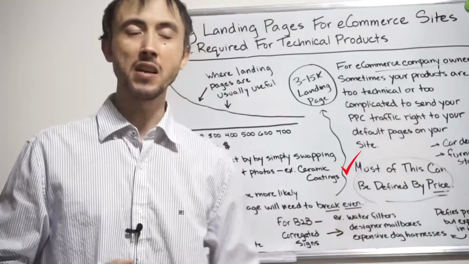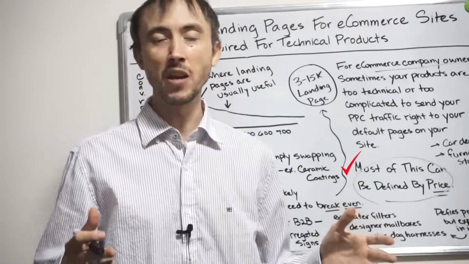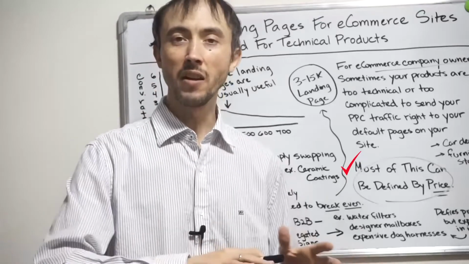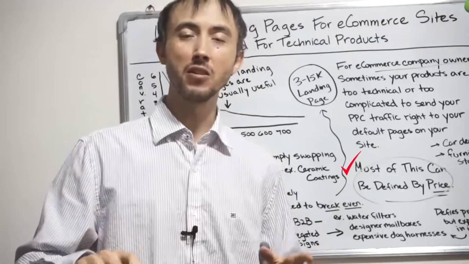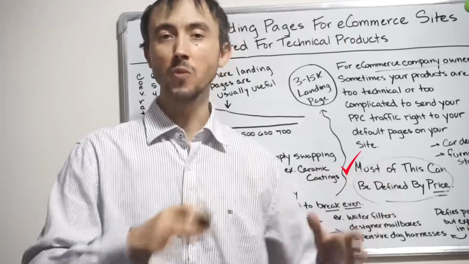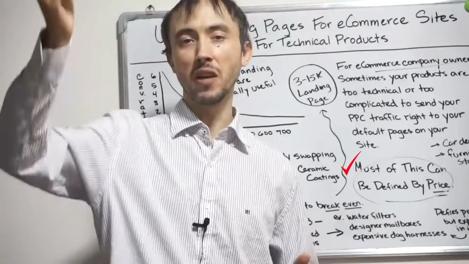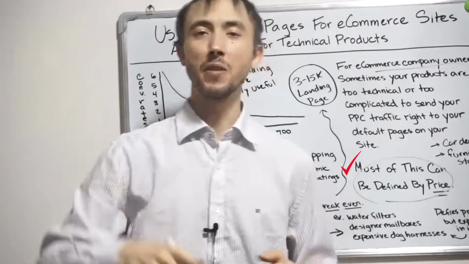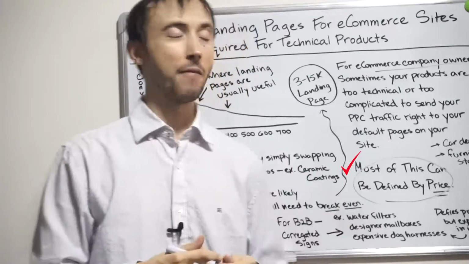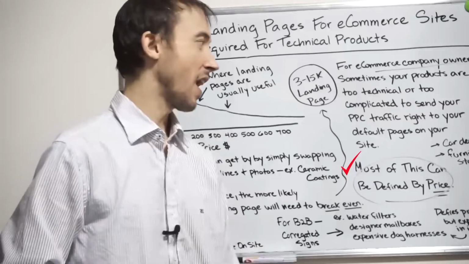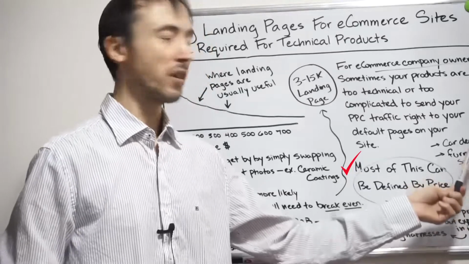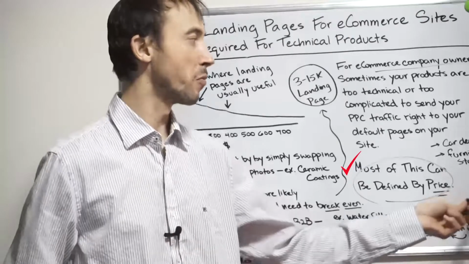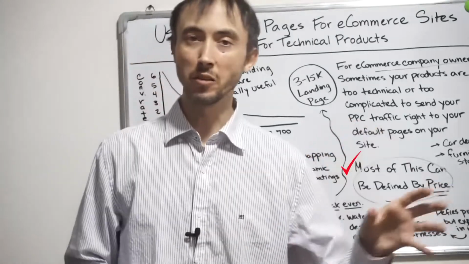But the point I'm making here is that all that basic information is simply not enough to convert that traffic that you have to pay so much for, to break into that profitable category, paying for your ad spend and all your cost of goods and everything, your overhead, to make the traffic work. And so you got to add this digital equivalent of what these other companies offline that sell a more expensive product have to do, which is have a salesperson there.